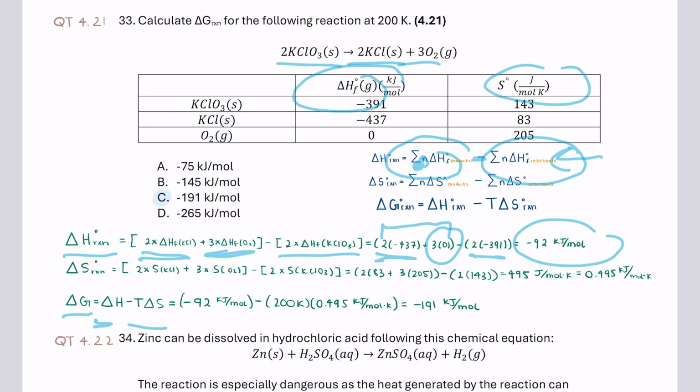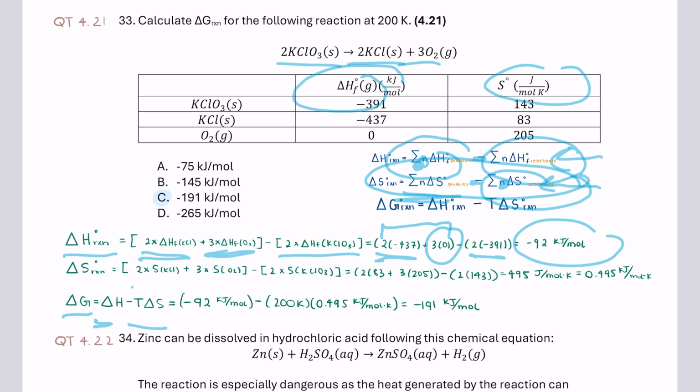Next, we calculate the change in standard entropy for the reaction. The formula is very similar to the one we used for enthalpy. The change in standard entropy of the reaction equals the sum of the standard molar entropies of the products, each multiplied by its number of moles, minus the sum of the standard molar entropies of the reactants, again, each multiplied by the number of moles.